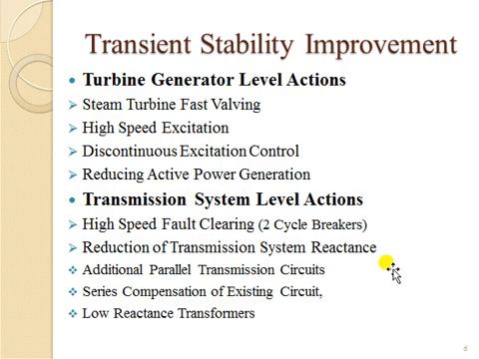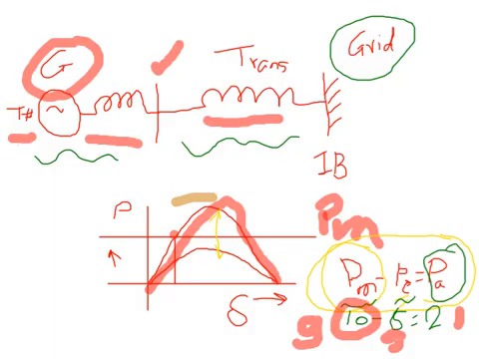Another thing is reducing active power generation. This works in a reverse way. If you are trying to take action from the generator side, there is a concept of load capability curve, which you are going to understand in your second unit, reactive power management. I can explain it with the help of some equations.